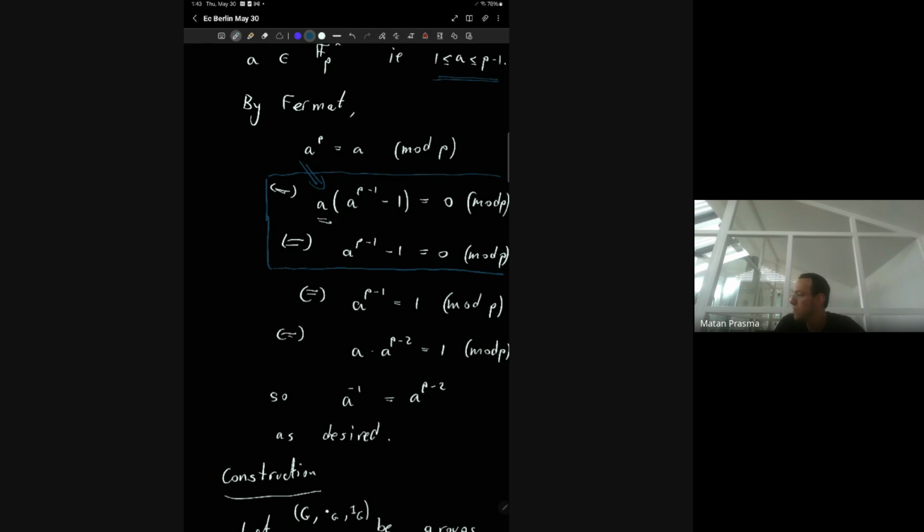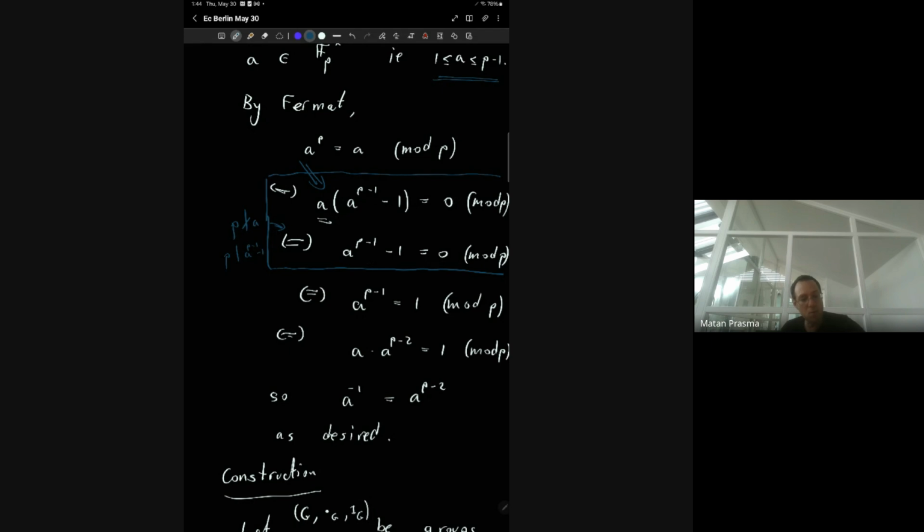And since a is smaller than p minus 1, p cannot divide a. So I will add here, p does not divide a, hence it has to divide a to the p minus 1. Okay, so this is just to be more complete on the proof.